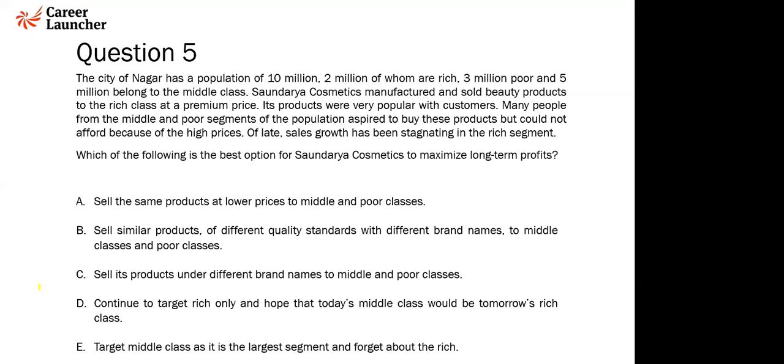Let's look at the situation. The city of Nagal has a population of 10 million, 2 million of whom are rich, 3 million poor, and 5 million belong to the middle class.